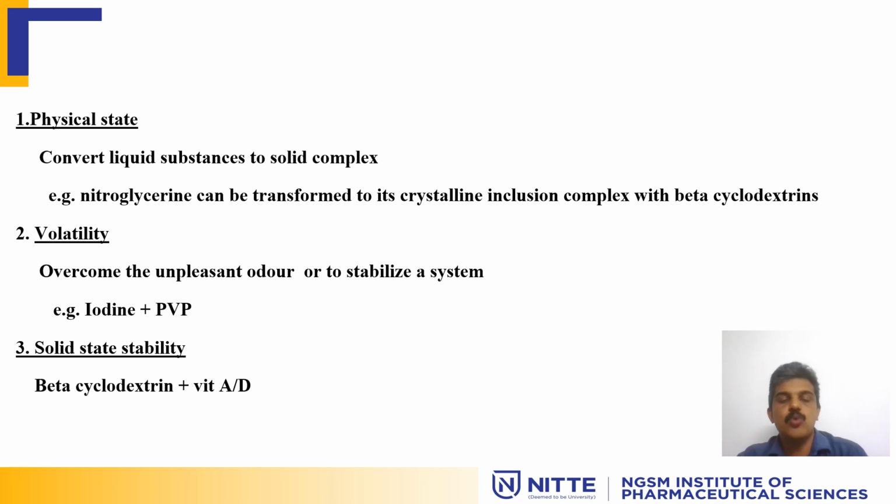So the volatile nature or unpleasant odor of iodine can be minimized by forming complexes with polyvinyl pyrrolidone. And for solid state stability, the solid state stability of vitamin A and D can be significantly enhanced by forming complexes with beta cyclodextrins.